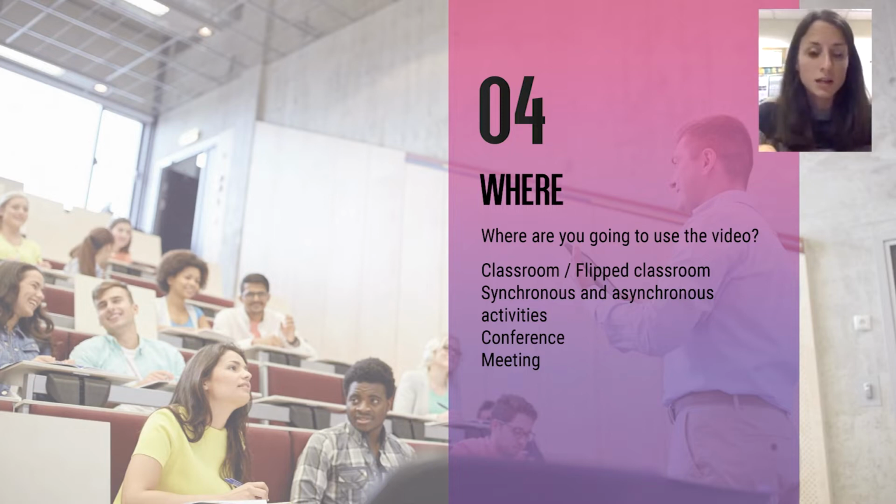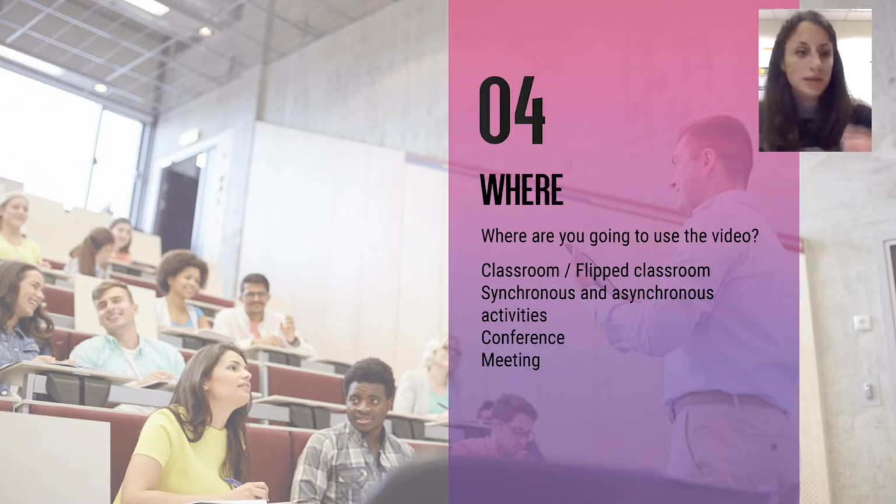So maybe the goal of my video is to make students watch the video before the classroom, and then we can discuss it in classroom. That's the flipped classroom, actually. Or again, synchronous and asynchronous activities, or maybe I need to use my video in a conference or in a meeting. So I need to focus on where I want to use my video.